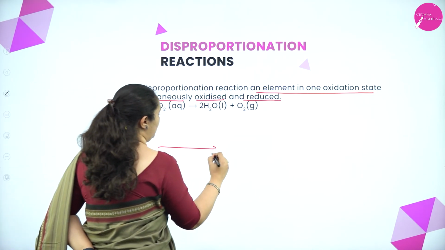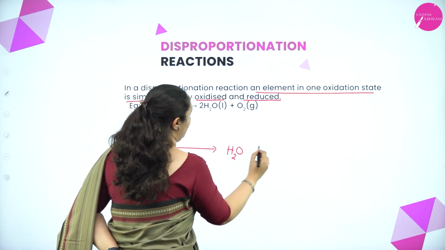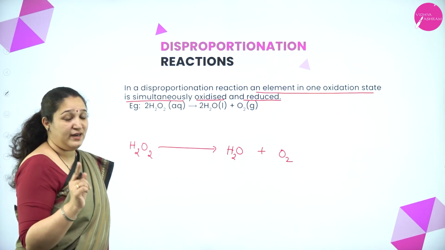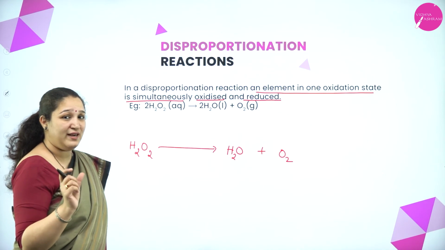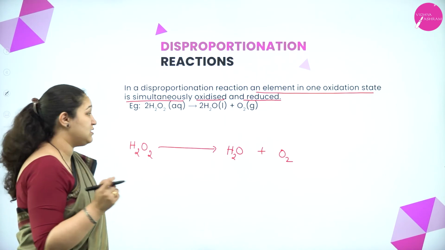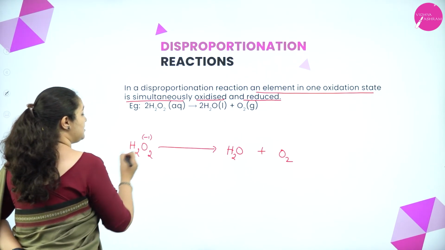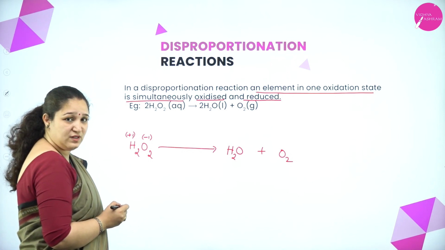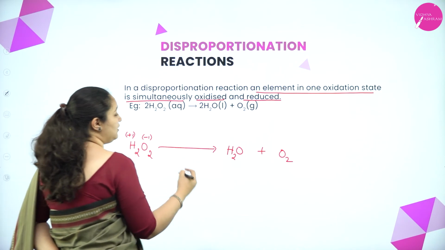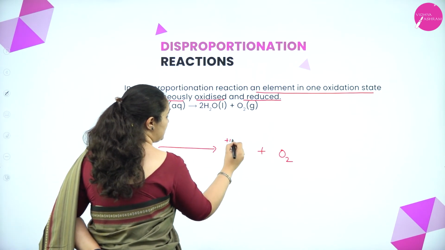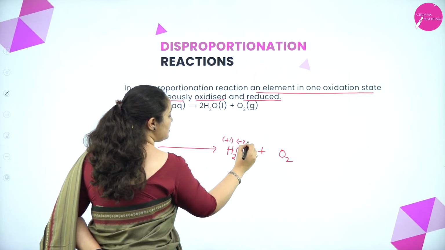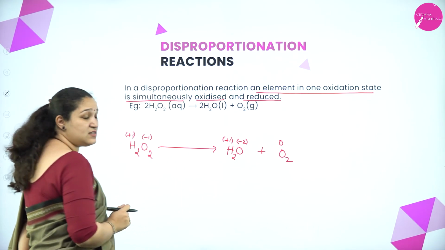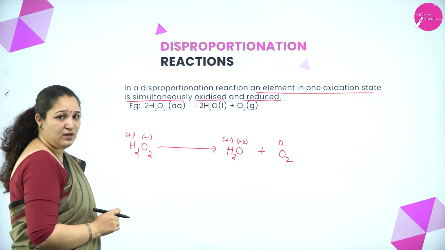H2O2 giving H2O and O2. In hydrogen peroxide, oxygen has got a -1 oxidation state and hydrogen has got +1 oxidation state, correct? Similarly, in water, hydrogen has got +1 oxidation state, but oxygen has got -2 oxidation state, and in the elemental state, it is 0 oxygen, correct?